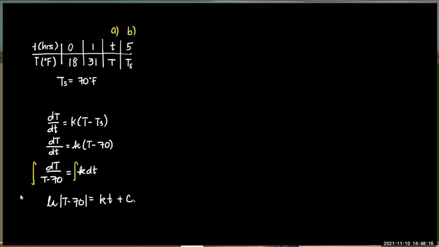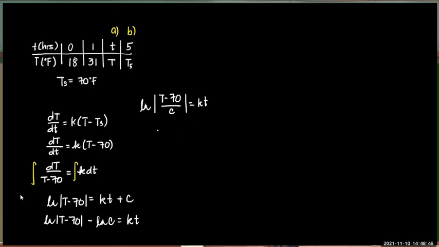And if you want to combine the C to the other side, let's say ln of T minus 70. Is an ln C still a constant? Yes. So if you want, you can combine them. That's going to be ln of T minus 70 all over C is equal to KT.